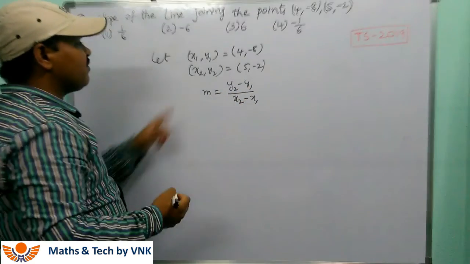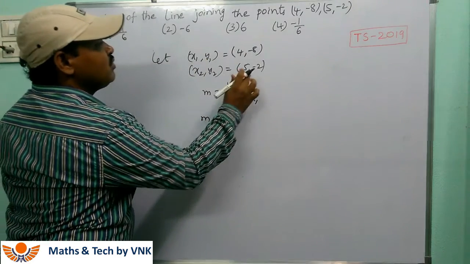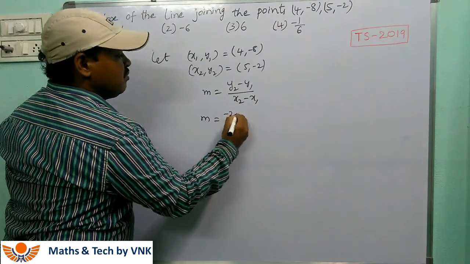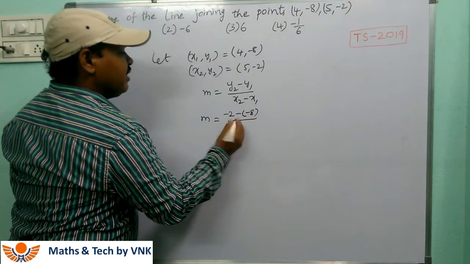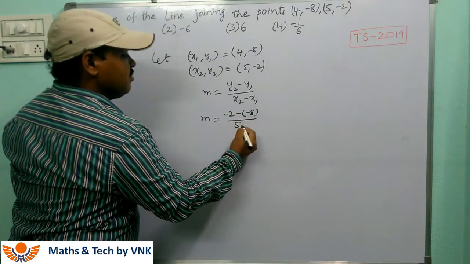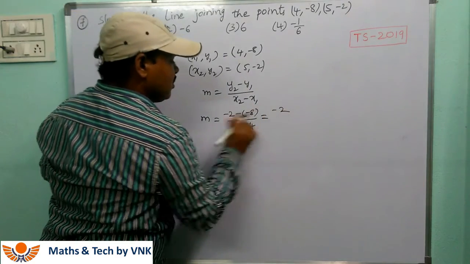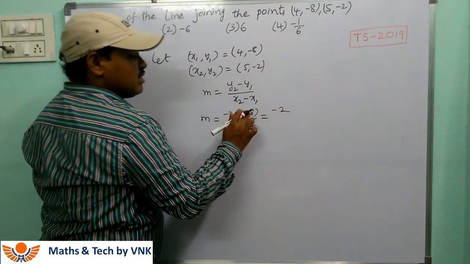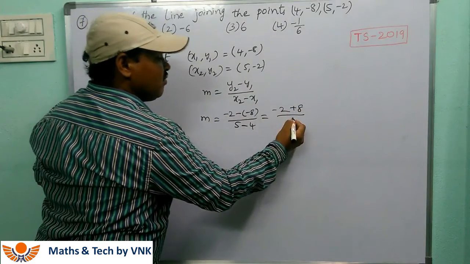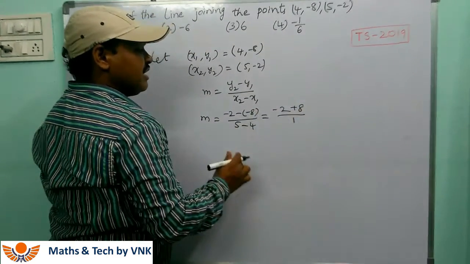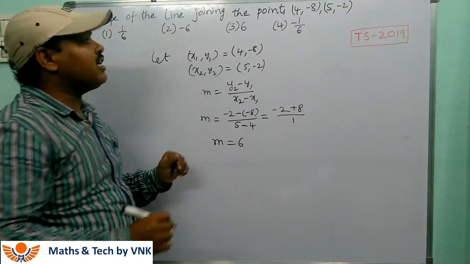Now substitute the values. So the slope m is equal to -2 minus -8 divided by 5 minus 4. Now this is equal to -2, minus into minus plus, so plus 8 divided by 5 minus 4 is 1. So -2 plus 8 is 6 divided by 1. So slope m is equal to 6. So the correct option is 3.